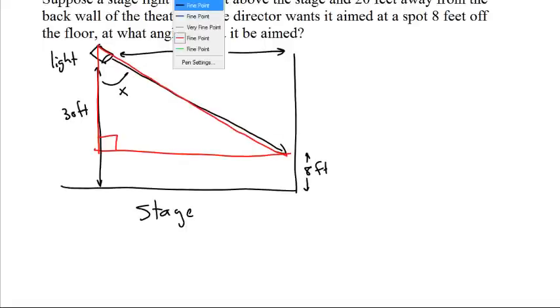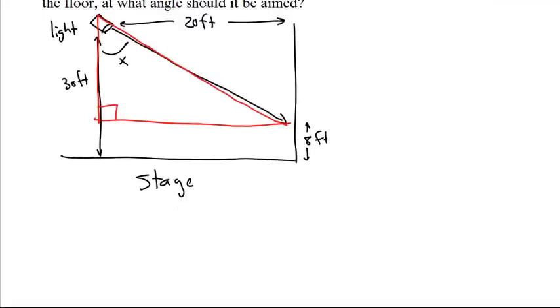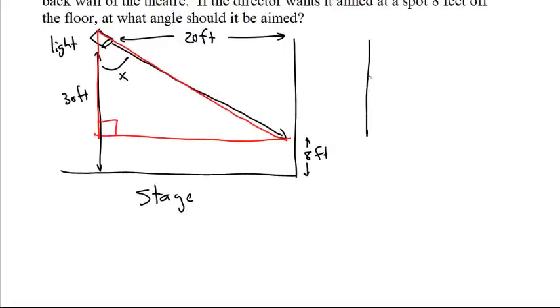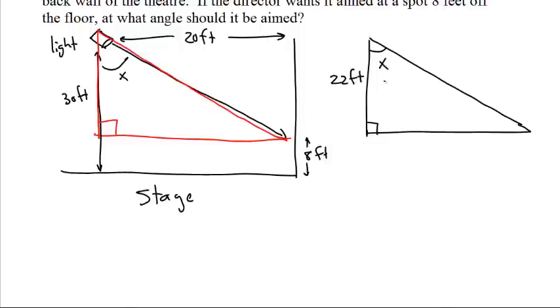It's got the angle that we want built in there. And what does it look like? There's the angle X. This is a right angle. It's 30 feet minus 8. This is 22 feet over that way, and it's 20 feet across this way. We want to know what that angle X is.